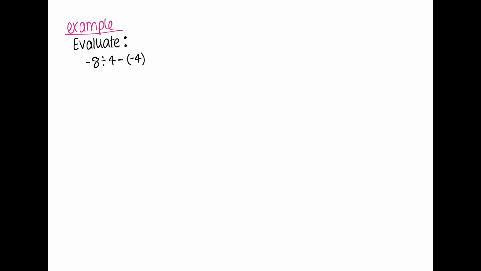So PEMDAS, we don't have any parentheses, there are no exponents, so multiplication and division step. I see division right here, so -8 divided by 4, a negative divided by a positive gives you a negative, and 8 divided by 4 is 2, so -2, and then this part right here, I'm pulling this entire thing down, minus -4.